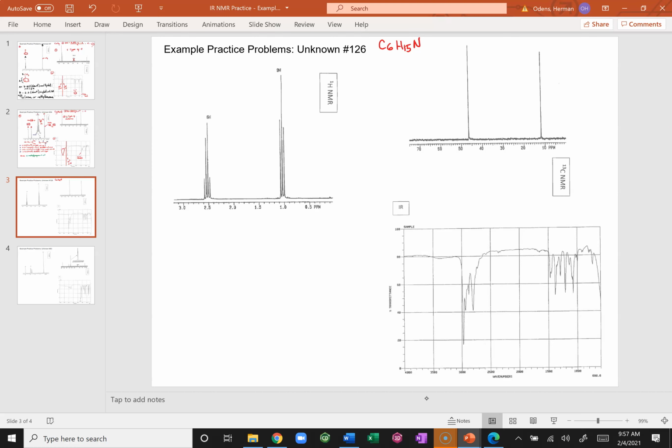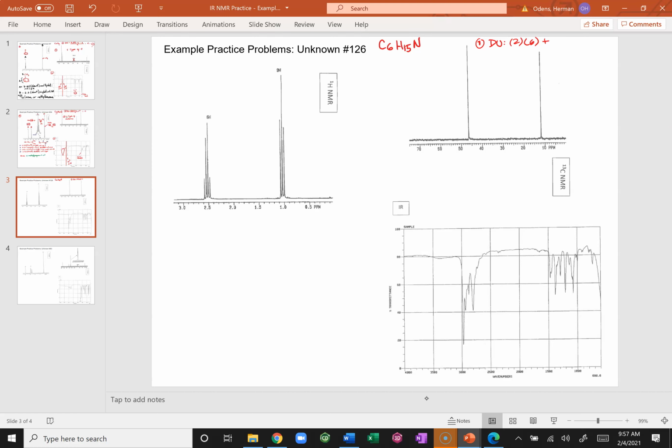I'm going to find the DUs first. So this is 2 times 6 plus how many now? Plus 3, because we have a nitrogen. If we have a nitrogen, we add 3, remember? If we had 2 nitrogens, we add 4.